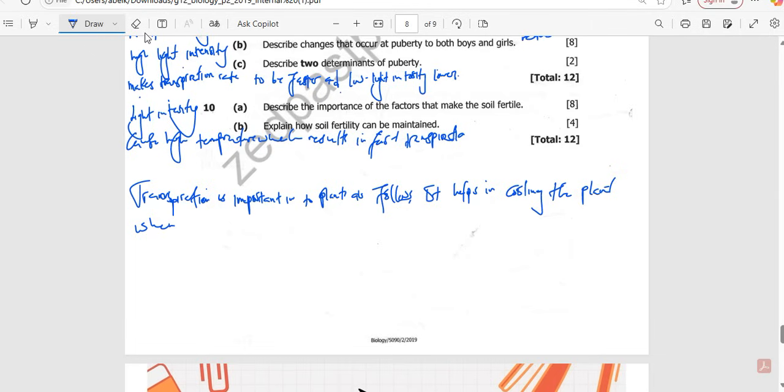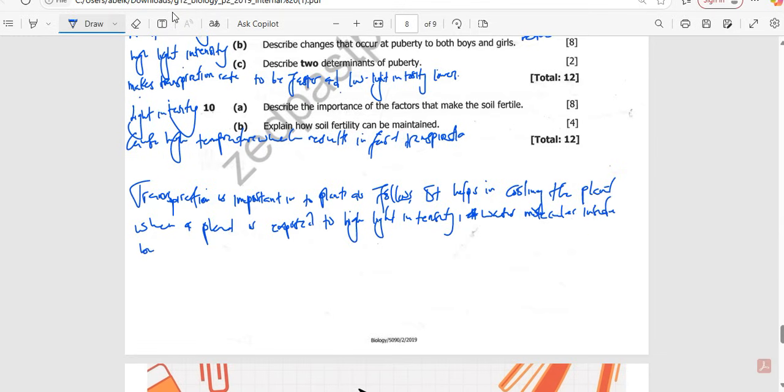Then we explain, when a plant is exposed to high light intensity, water molecules inside become hot.